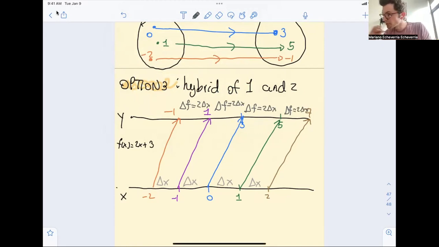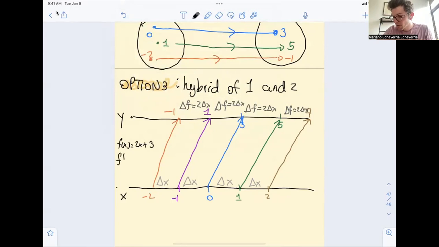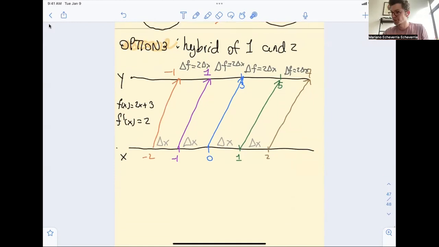And that makes sense, because if you remember, what is f prime of x for this function? It's just 2. So the derivative is telling you by how much this spacing is getting rescaled.